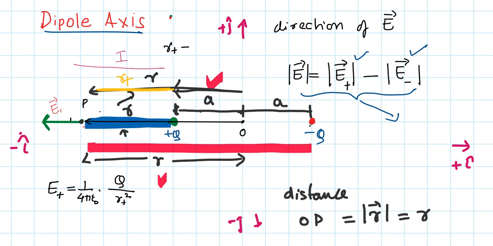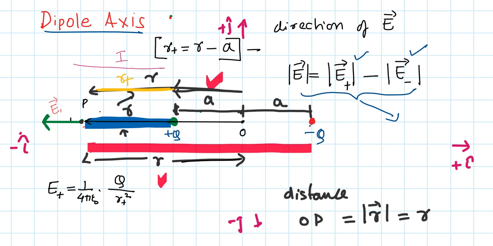R plus is actually the difference of R and A. You just have to subtract A from R. R is this much distance from O to P, and A is just from O to plus Q. That means the remaining portion P to plus Q, which is R plus, will be nothing but the difference between R and A. So that part is clear.